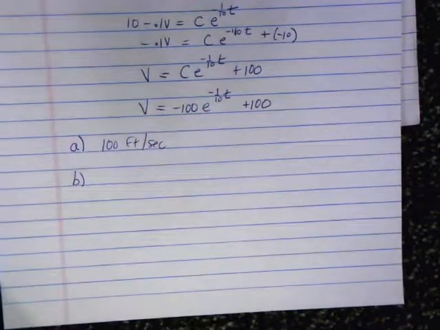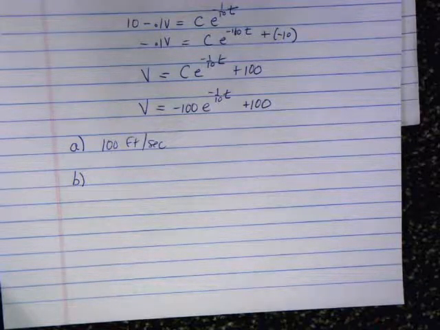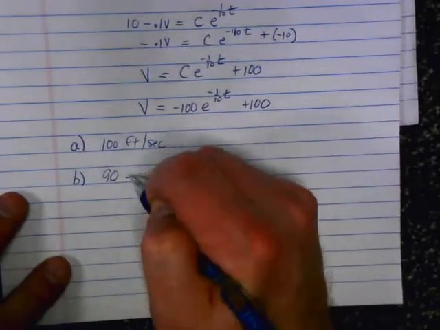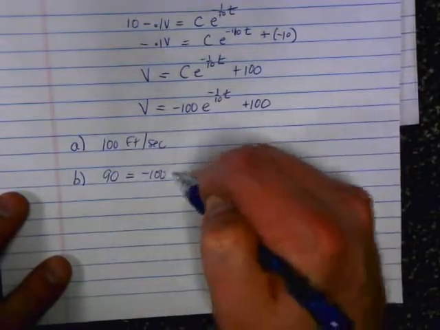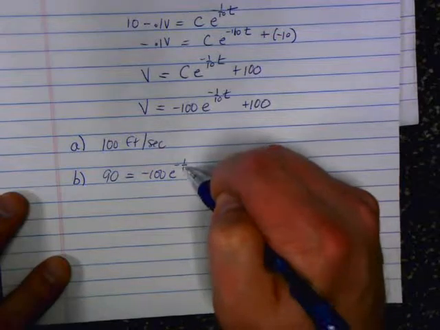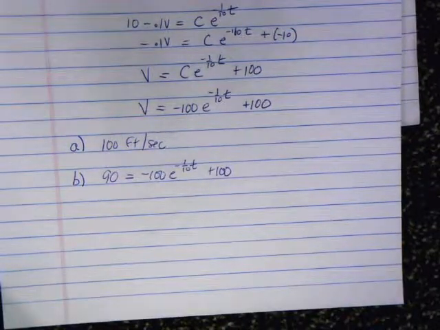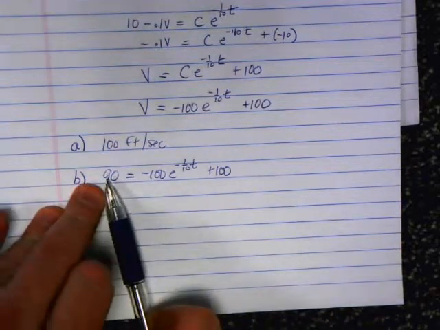Part B says, find how long it takes to attain 90% of its velocity. So 90% of 100 would be 90. It equals minus 100 e to the minus 1/10 t plus 100. Subtract the 100, we get negative 10.